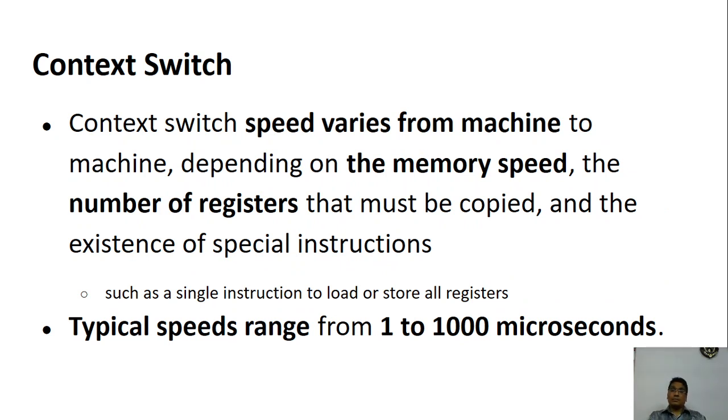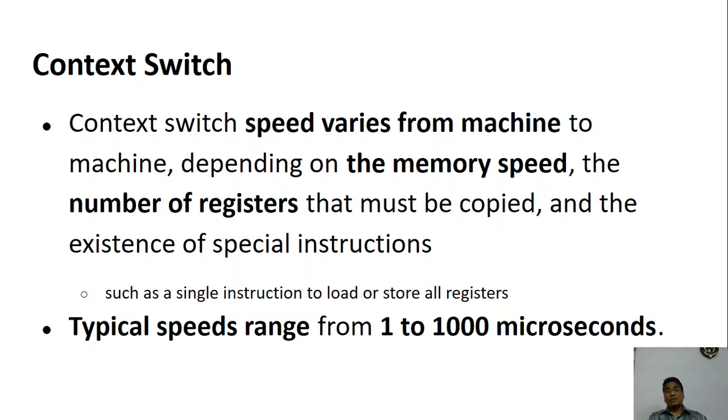So how much time does the system spend in doing the context switch? It really depends on the hardware. There are some machines that have built-in hardware support for doing this context switching from one process to the other.